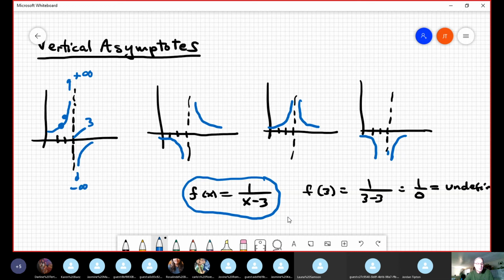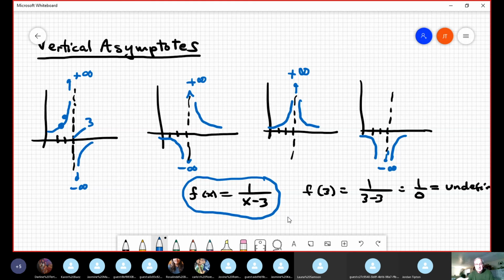In this case it's opposite: when you approach from the right, it goes to positive infinity, and when you approach from the left, it goes to negative infinity. In this case, right and left both go to positive infinity, and in this case, both go to negative infinity.